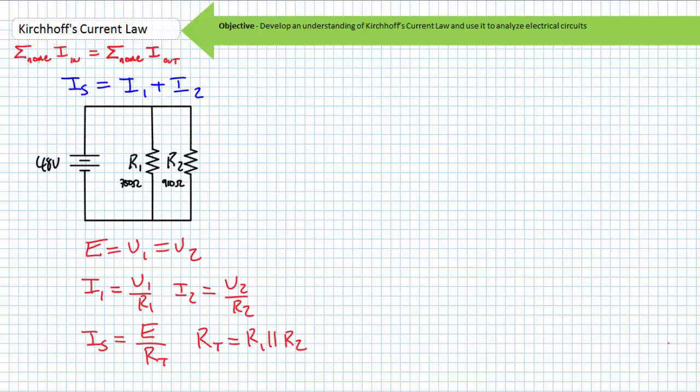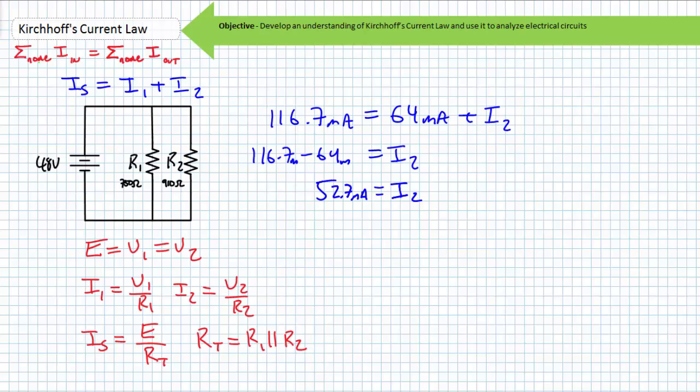Calculations aside, if you took your DMM in DC ammeter mode and measured the source current to be 116.7 milliamperes and took another current reading through the first resistor to be 64 milliamperes, even if the resistance value is unknown and the resistor color code somehow obscured or unreadable, you could be reasonably certain that the remaining 52.7 milliamperes is traveling through the second resistor, given our restatement of KCL as Is minus I1 equals I2.